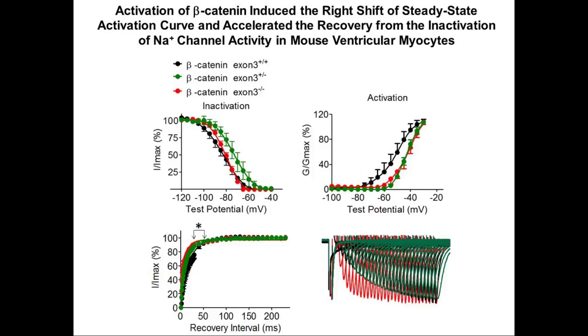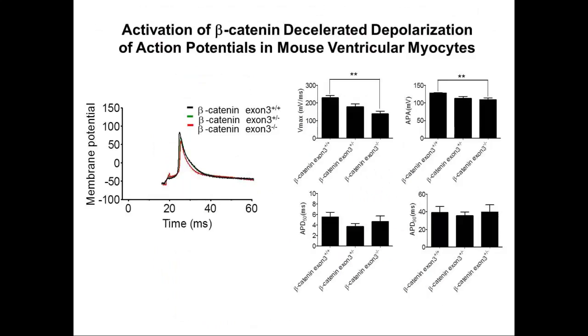Presumably, activation of beta-catenin may cause some protein expression that finally affects the sodium channel kinetics. We are going to do more experiments to see which targeting genes presumably affect the sodium channel.